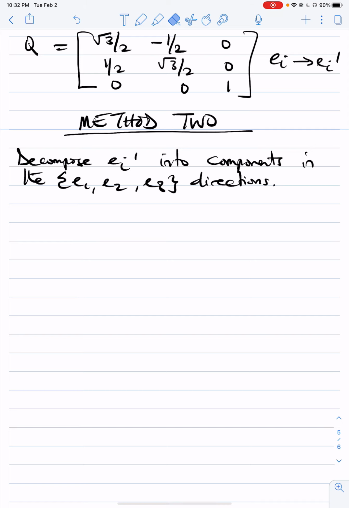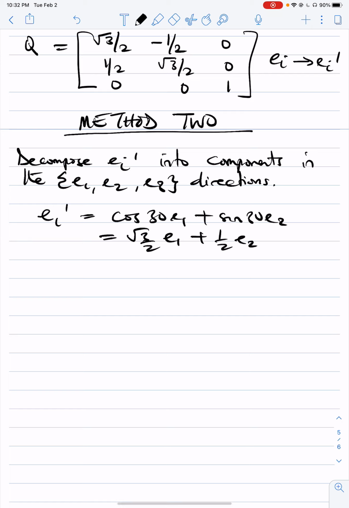So for E1 prime, that will be cos 30 E1 plus sine 30 E2, to give you root 3 over 2 E1 plus 1 over 2 E2. For E2 prime, it will give you minus 1 over 2 E1 plus root 3 over 2 E2.